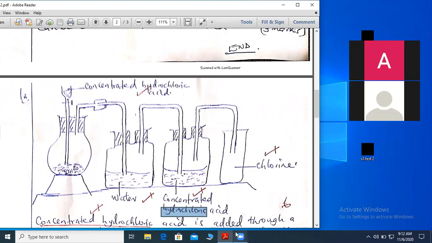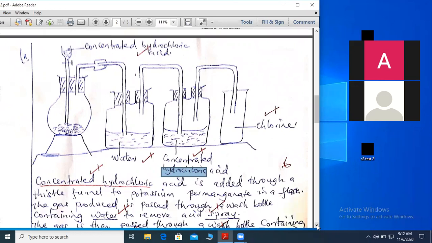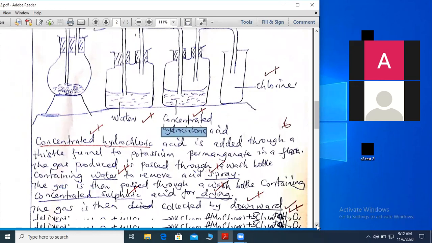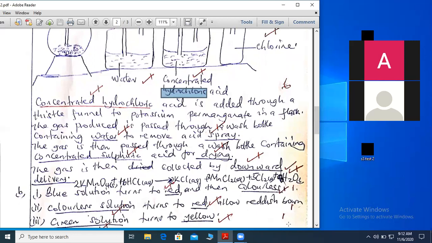So most of you drew the diagram well, and I was happy with that. But remember, the question was describe. When they say describe, you don't stop at the diagram. After drawing the diagram, you write some words to talk about your diagram.